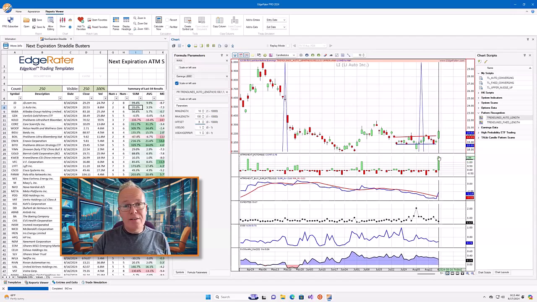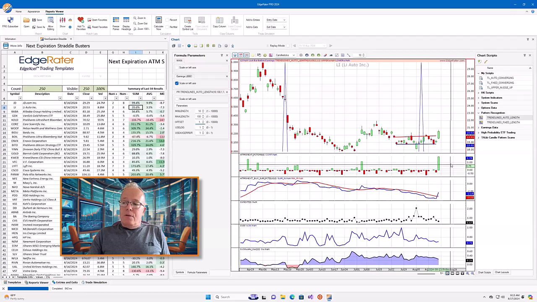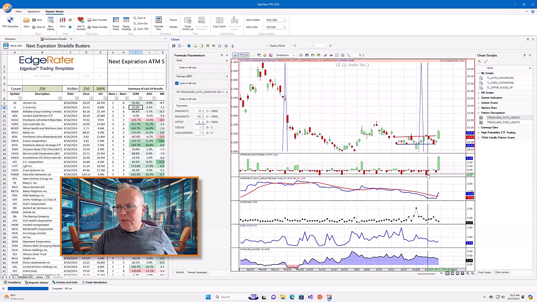If it's a green bar, it means that it was unexpected. If it's a red bar, it means it was expected. And the higher the green bar, the more unexpected it was. The lower the red bar, it just means that price probably didn't move that much, and so the options actually collapsed in price. And anyone who was selling options probably made money in that time.